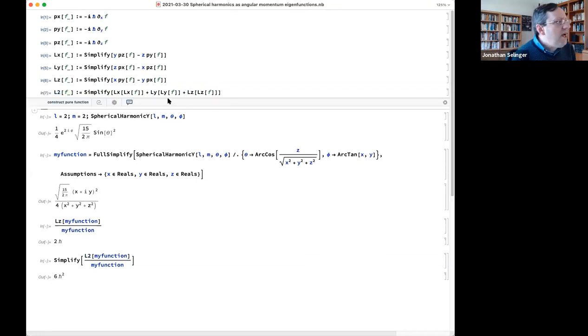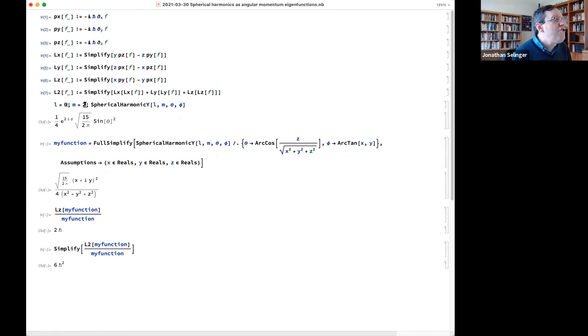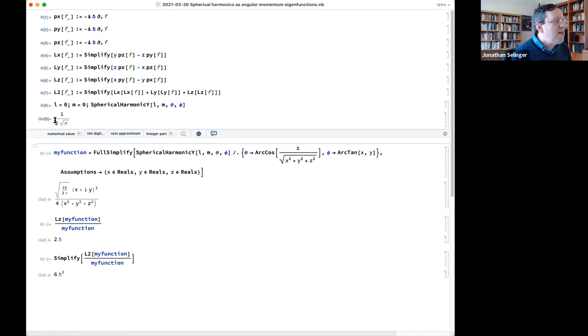Now let's choose a spherical harmonic. How about if we start with the 0, 0 spherical harmonic? That spherical harmonic is just a constant. If I want to take all the derivatives with respect to x, y, and z, I should really convert it from theta and phi to Cartesian coordinates.